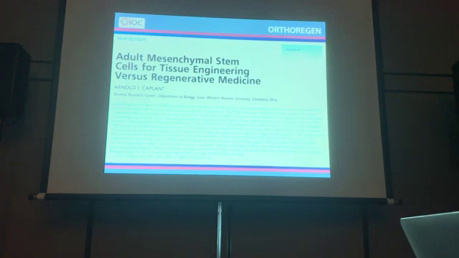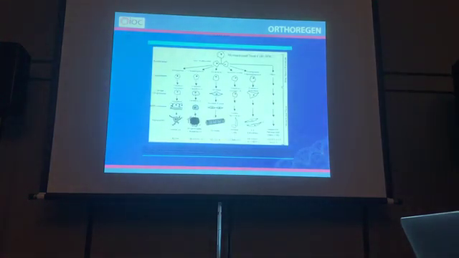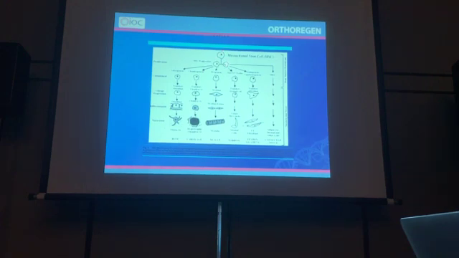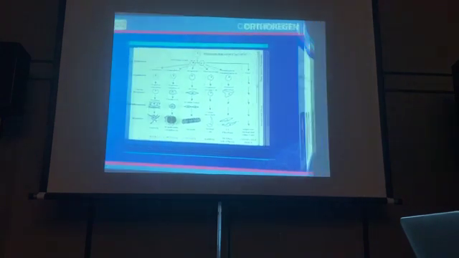And it's a brief overview of these MSCs, where he also shows the progressive differentiation potential from the MSCs that will proliferate and then differentiate into different lineages, from bone, cartilage, muscle, marrow, tendon, and connective tissue, for instance.